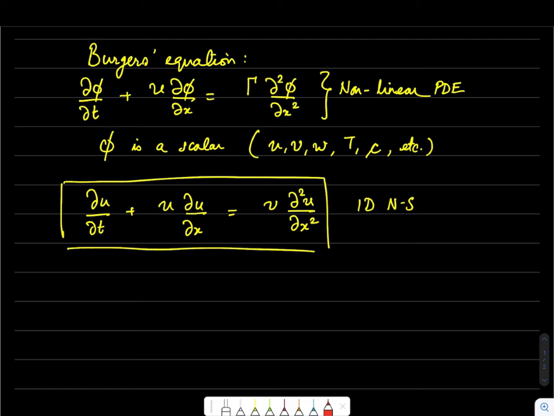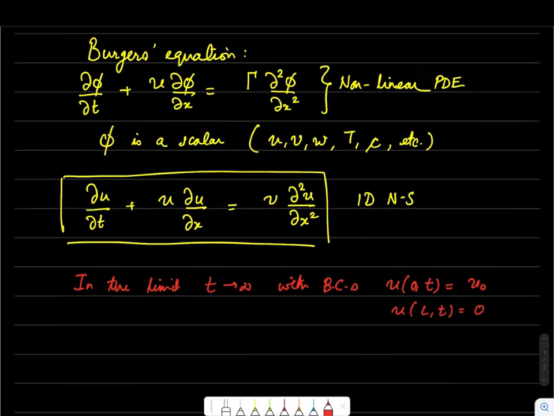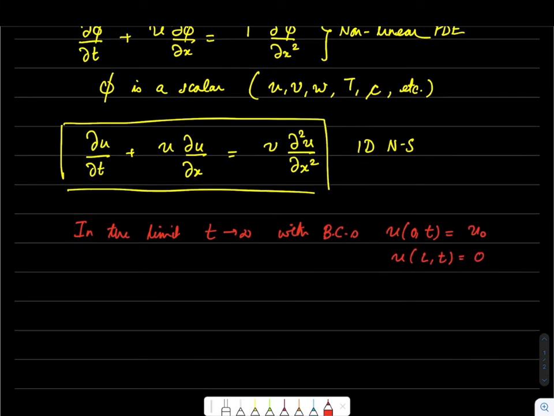Now in the limit that time goes to infinity, and with the boundary conditions given by u(0,t) is, let's say, u0 and u(L,t) is 0, this equation can actually be used to derive an analytical solution, which is not strictly analytical, but maybe semi-analytical.